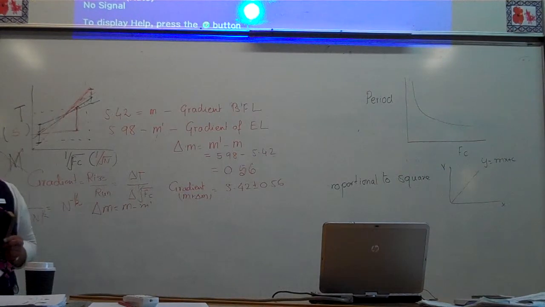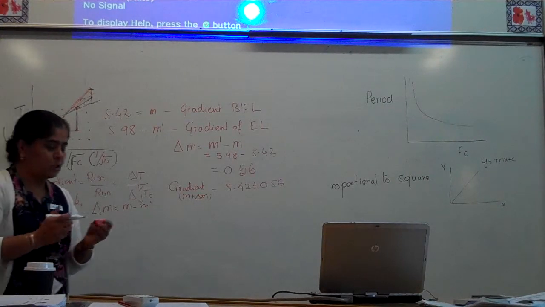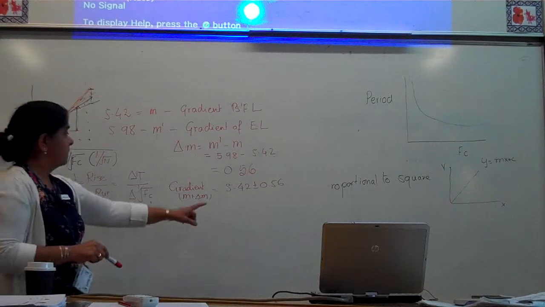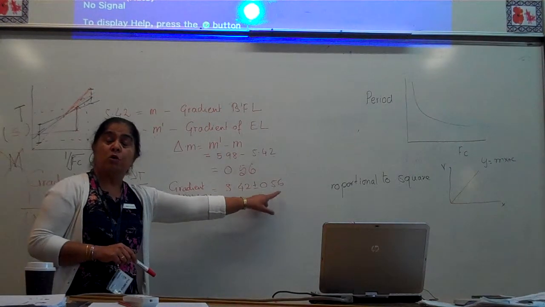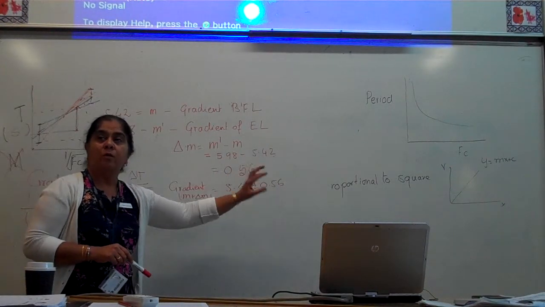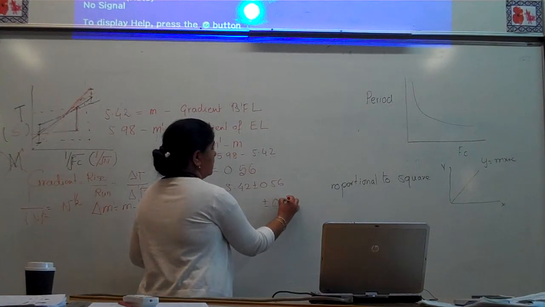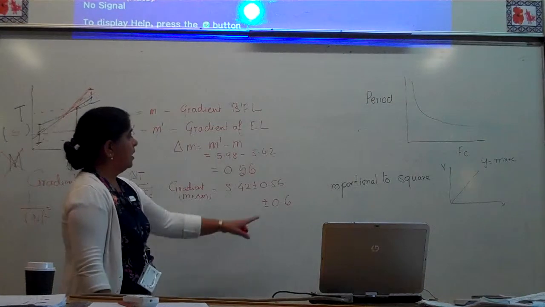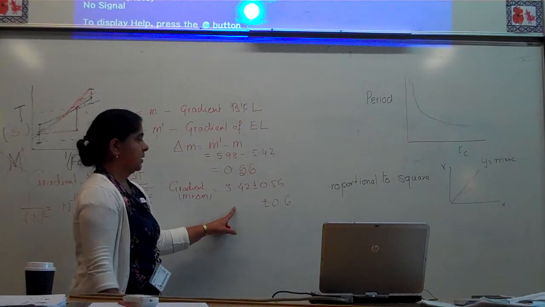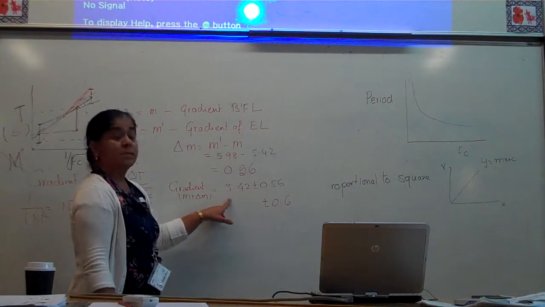What do we need to do to this gradient now? Round it to one significant figure. What should be one significant figure? The uncertainty. So first look at the uncertainty, round it to one significant figure, it becomes 0.6. Now this helps me decide what to do to this number.